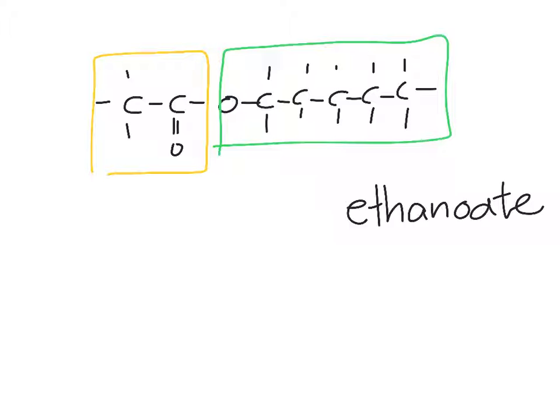So it's pentyl ethanoate. That's how you spell that. Oh, sorry, no, pentanyl. Okay, pentanyl. Okay, see if you can do example 3.